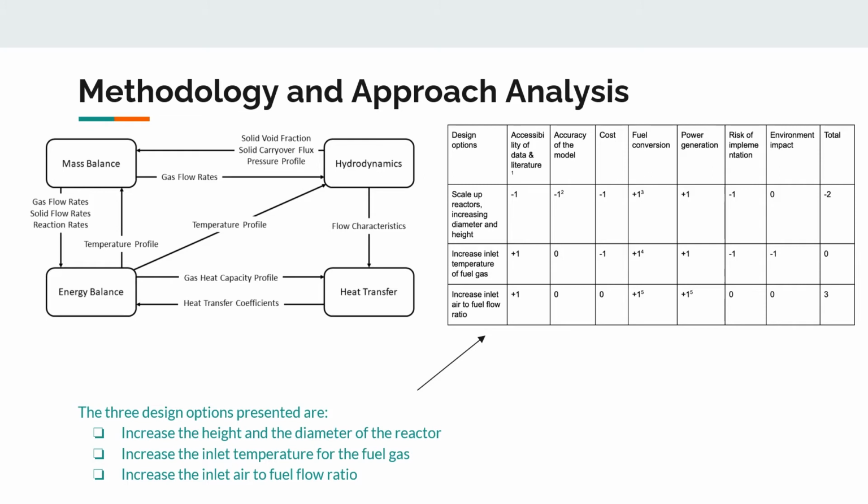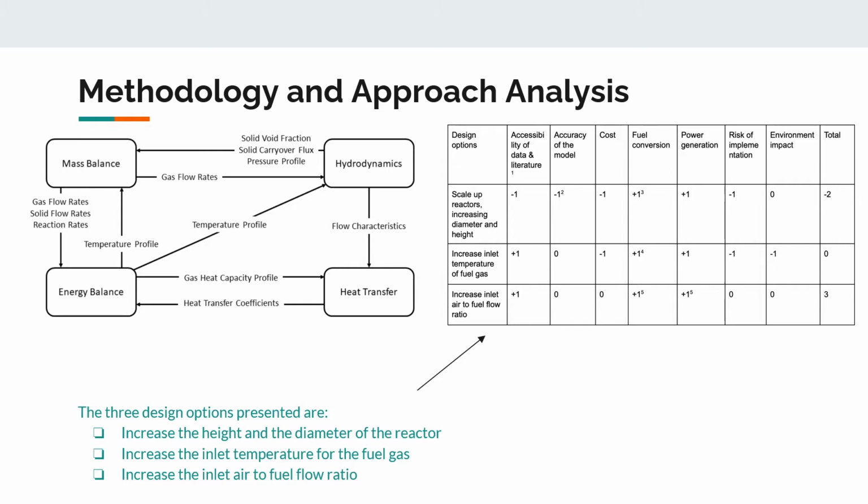The three design options presented are: increase the height and the diameter of the reactor to assess if an industrial-scaled chemical looping combustion system is more feasible; or increase the inlet temperature for the fuel gas. The current model is conducted with an inlet fuel temperature of 800 degrees Celsius.